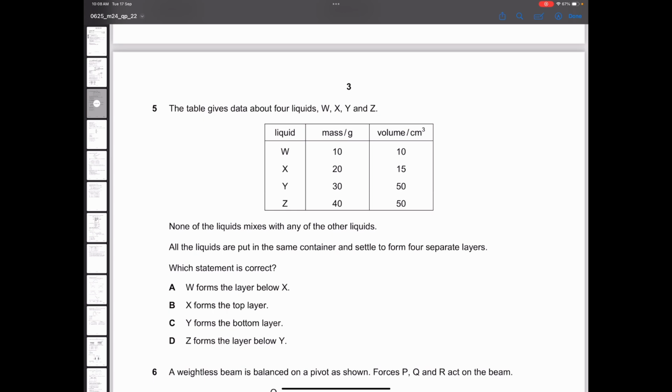The table gives data about four liquids W, X, Y, and Z. The mass is 10 grams, volume is 10, so the density here will be 1 gram per centimeter cube. Let's just calculate the density for all of them. It will make it easier for us to solve.